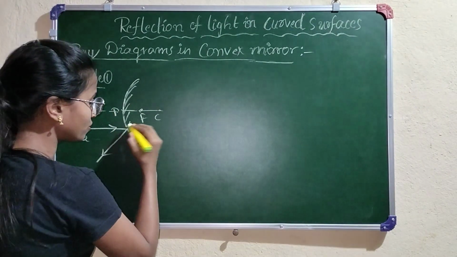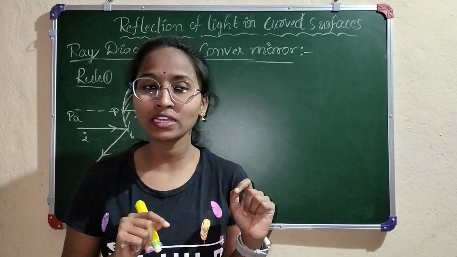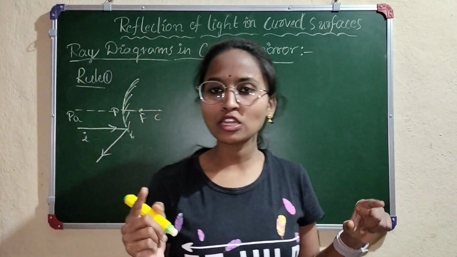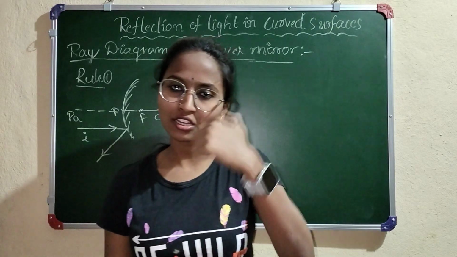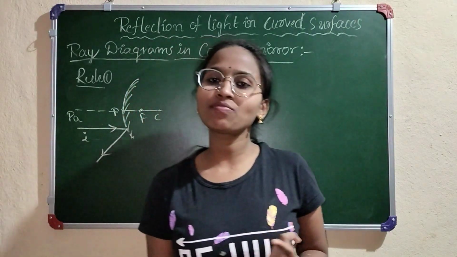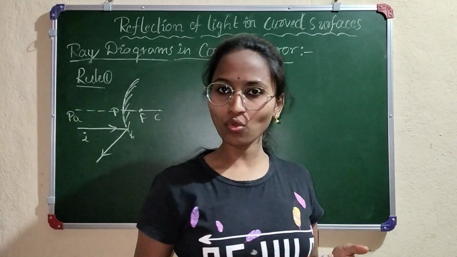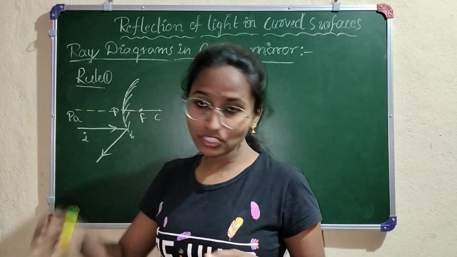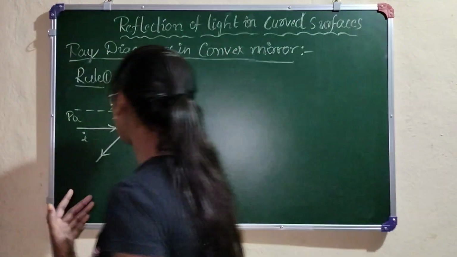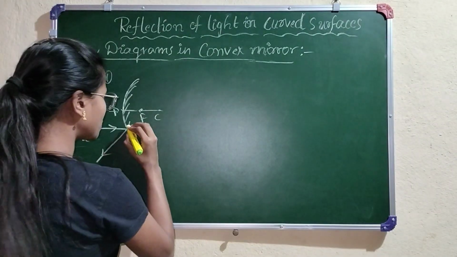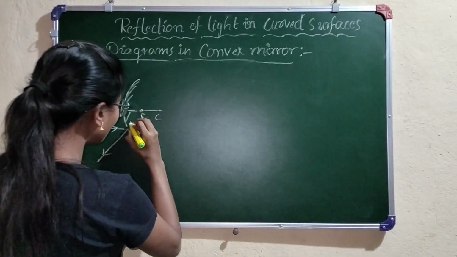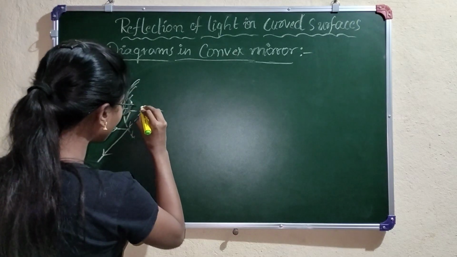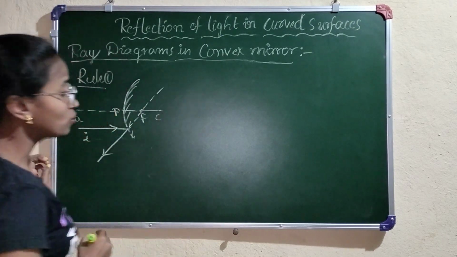So what happens when the incident ray is parallel to the principal axis? After reflection, it passes through the focus. But here it cannot pass through the focus directly. The same thing happens, but here it appears to pass through the focus, not directly.